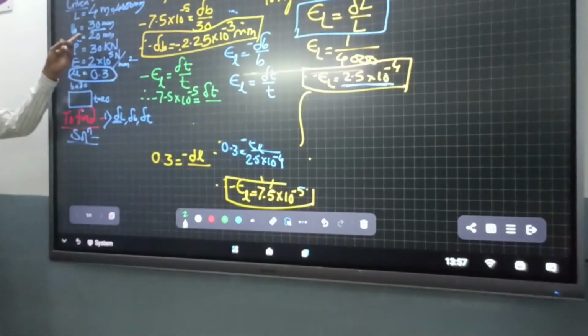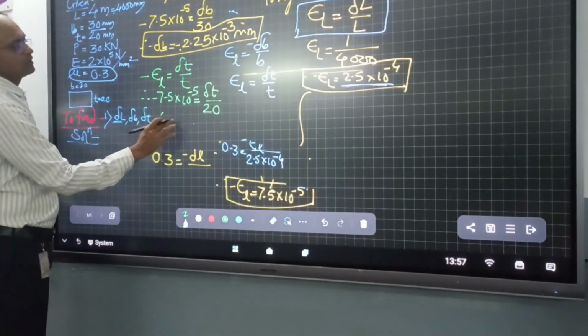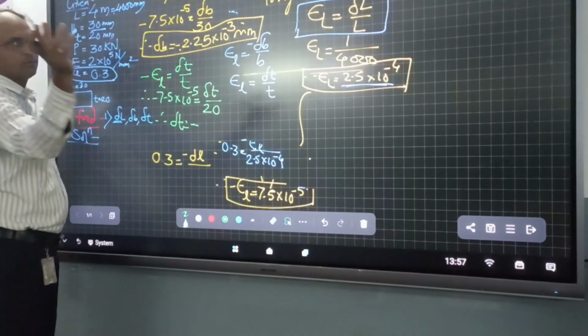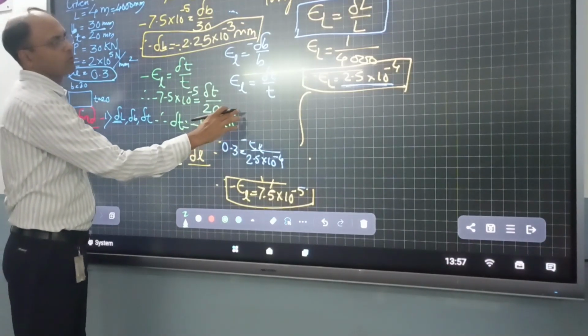How much? 20. Original thickness is 20. Therefore, delta T is equal to minus 10 raised to minus 3.